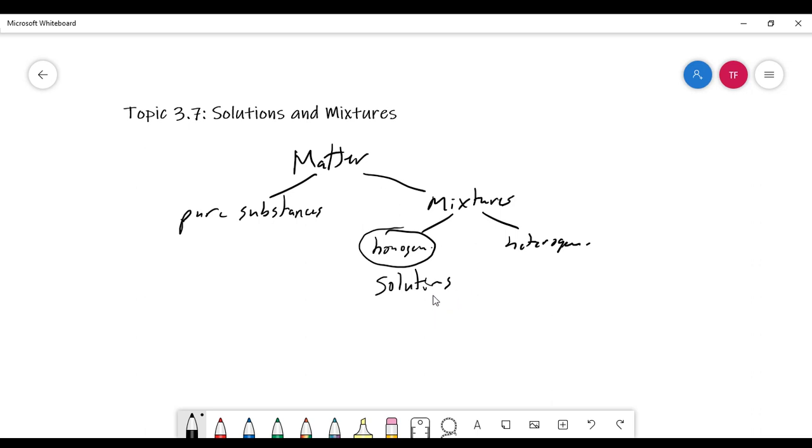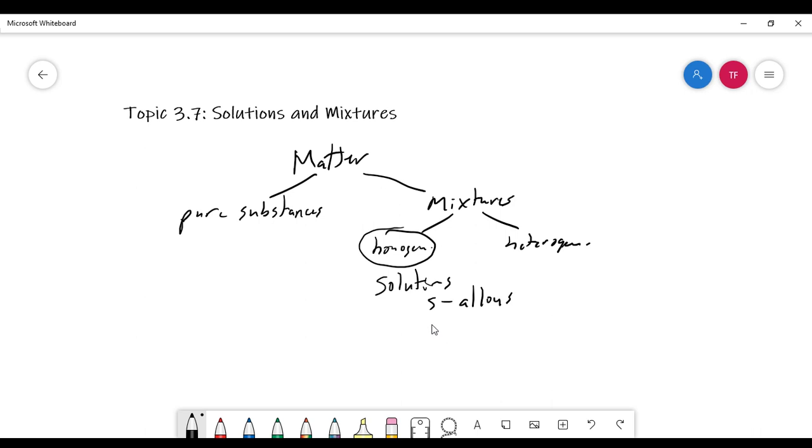So solutions can be solid, liquid, or gas. You can have a solid solution. Alloys are a good example of a solid solution. Like a penny is made out of zinc and copper. That's an alloy. Brass is made out of zinc and copper, and so you can have a solid alloy.